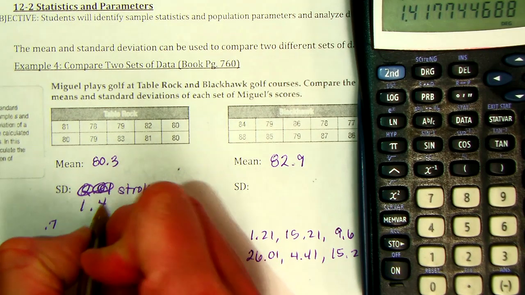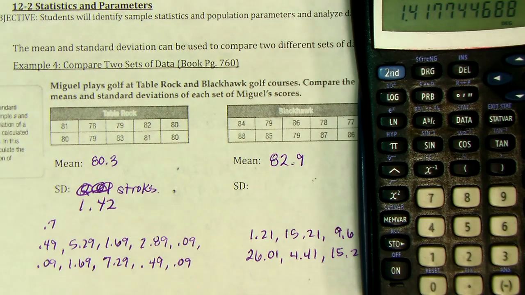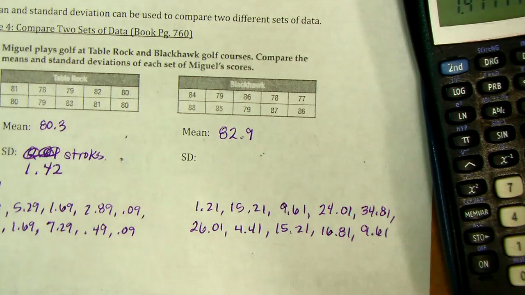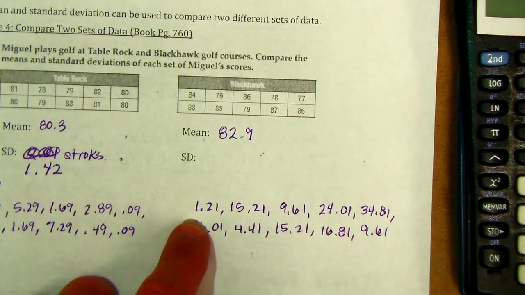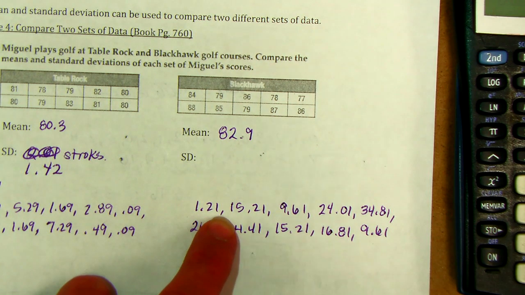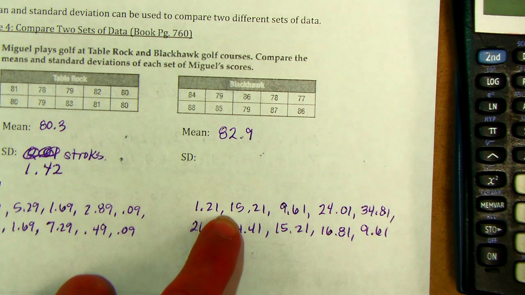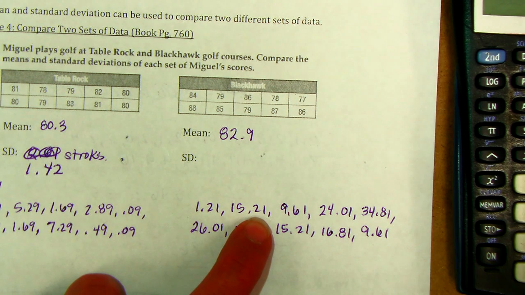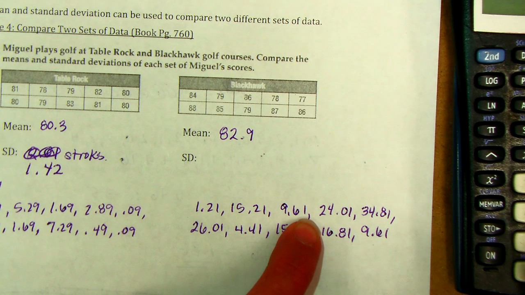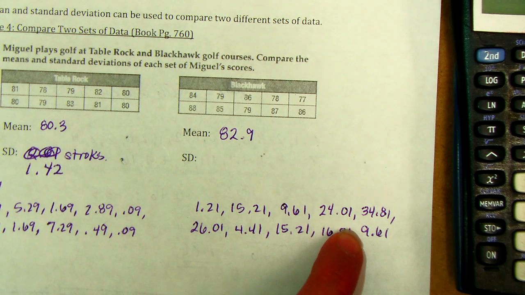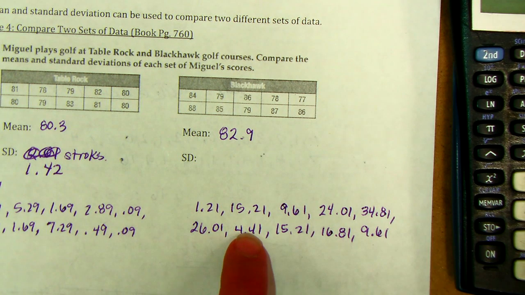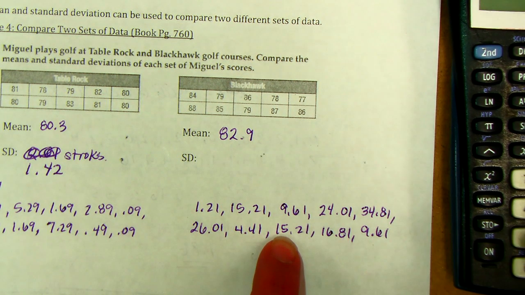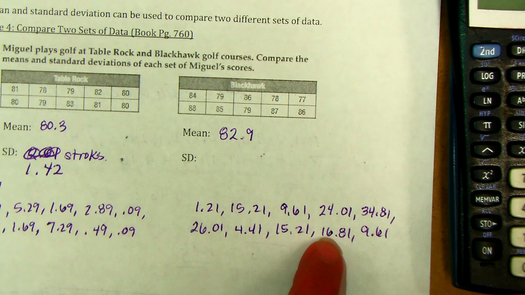All right, so let's compare that to this one. Okay, so 1.21 plus 15.21 plus 9.61 plus 24.01 plus 34.81 plus 26.01 plus 4.41 plus 15.21 plus 16.81 plus 9.61, divided by 10.